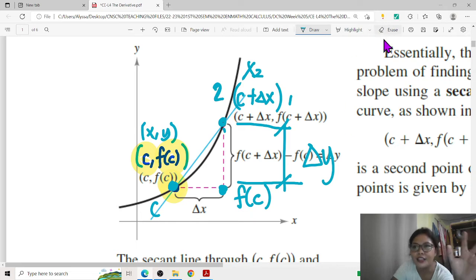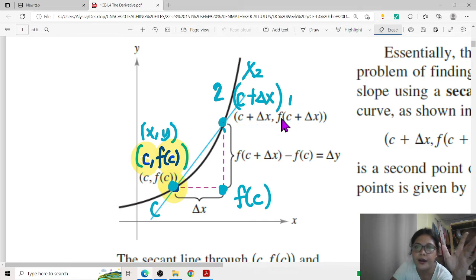Tama, di ba? So that is a change in the direction or height with regards to the y-axis. Okay, so that is correct. We can call that. But we will derive an equation that is equivalent also to this type of functionality. Taray. Okay, so try ko i-explain.